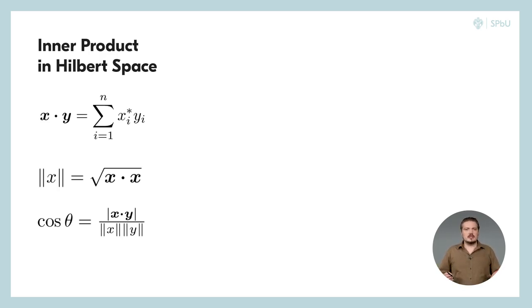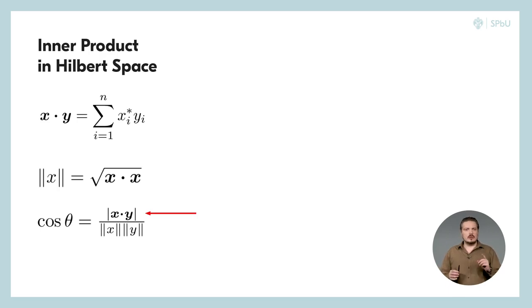For these spaces, we no longer have a natural idea of an angle or a length. But we obtain this idea by generalization, and we define them via this concept of a dot product.